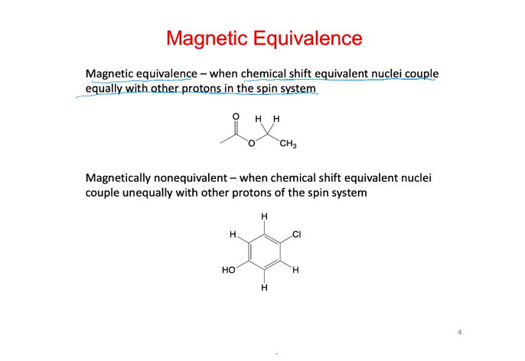So, for example, these two protons here are magnetically equivalent. Well, they're chemical shift equivalent, right? And each of these are going to couple to each of the protons on the methyl group equally, okay? So that's fine. That's what we normally see.